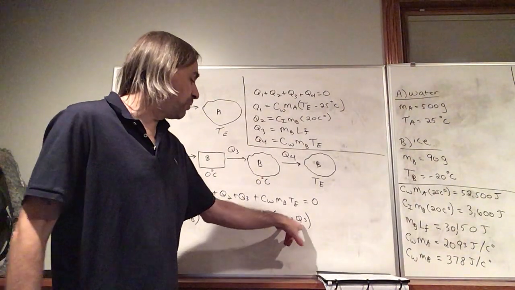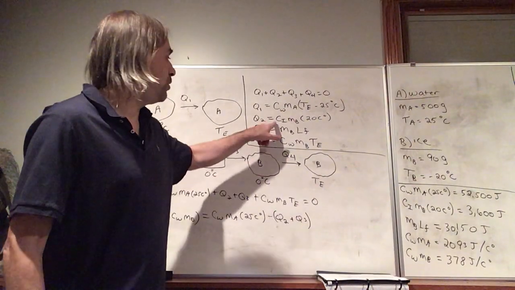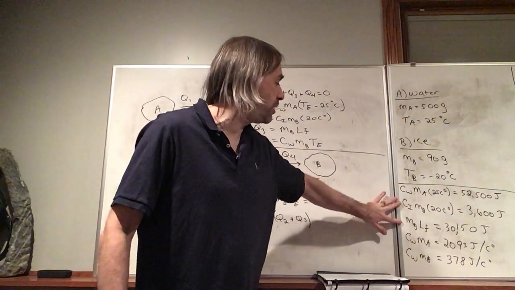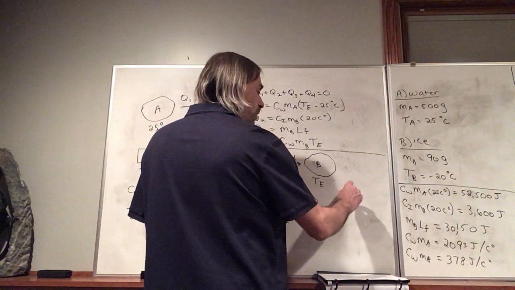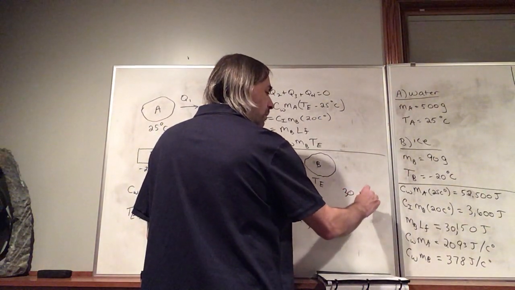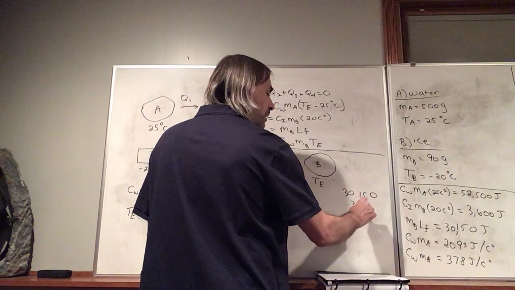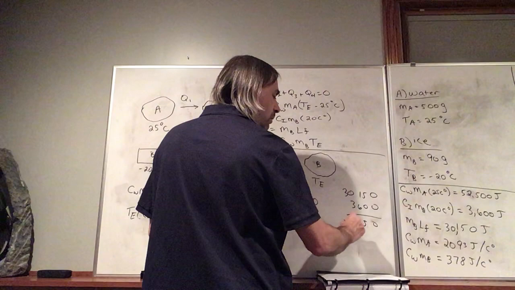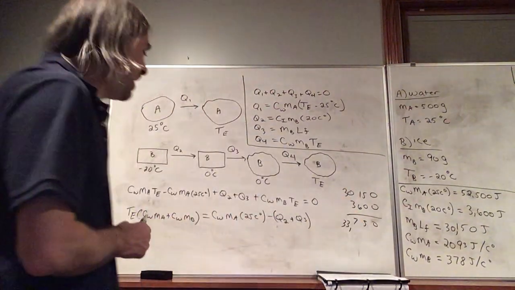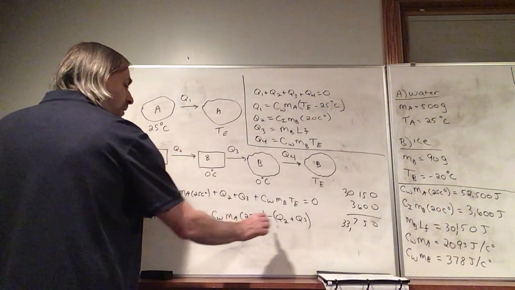So let's add Q2 and Q3. Q2, that's this one, and Q3 is this one. So we have 30,150 plus 3,600. So we have 33,750 here.